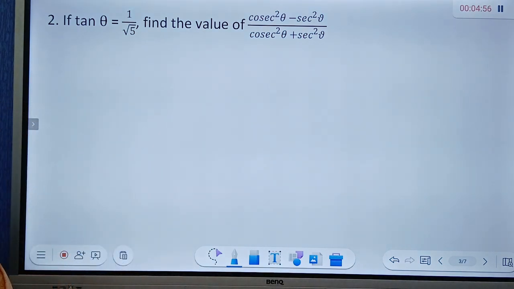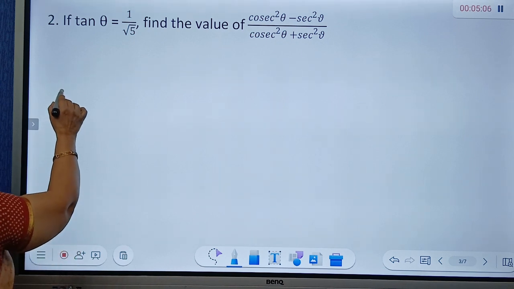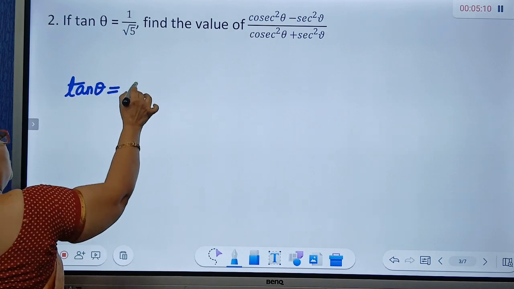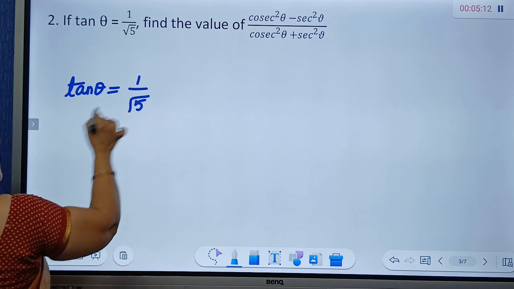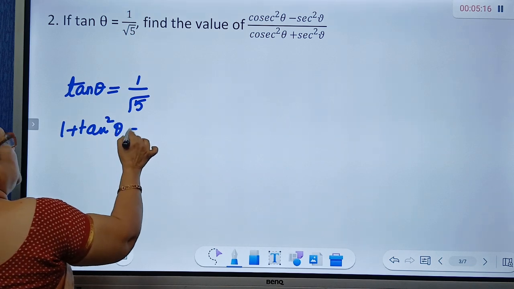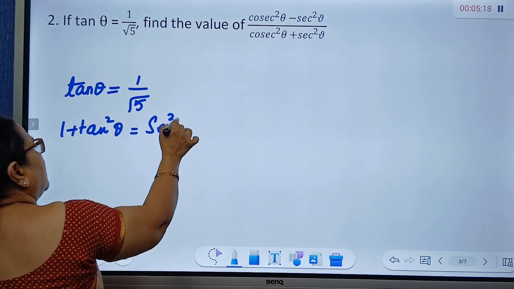Now, tan theta equal to 1 by root 5. You have to find the value of cosecant square theta minus secant square theta divided by cosecant square theta plus secant square theta. So, if tan theta equal to 1 by root 5, we know that 1 plus tan square theta equal to secant square theta.